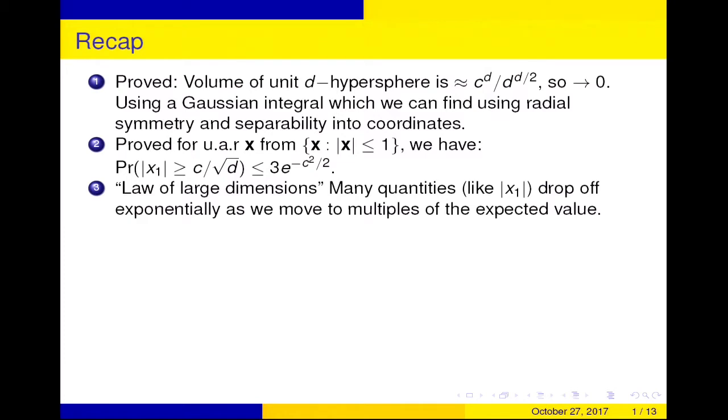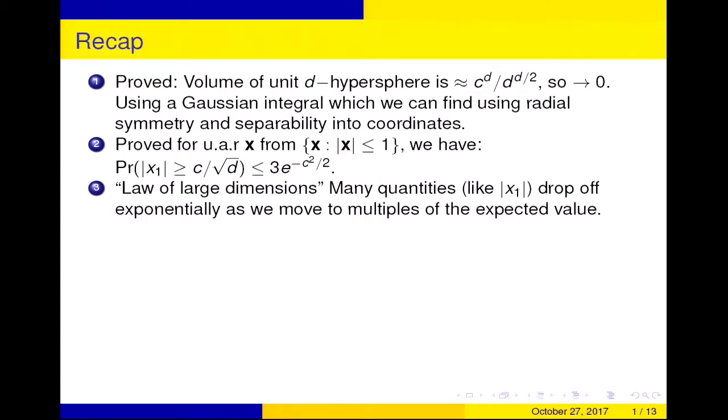So here's a general thing I didn't state last time. Many quantities like the absolute value of x1, the first coordinate, is a random variable when x is picked uniformly at random from the unit ball. Such random variables have very well-behaved tails. They have exponentially dropping tails.